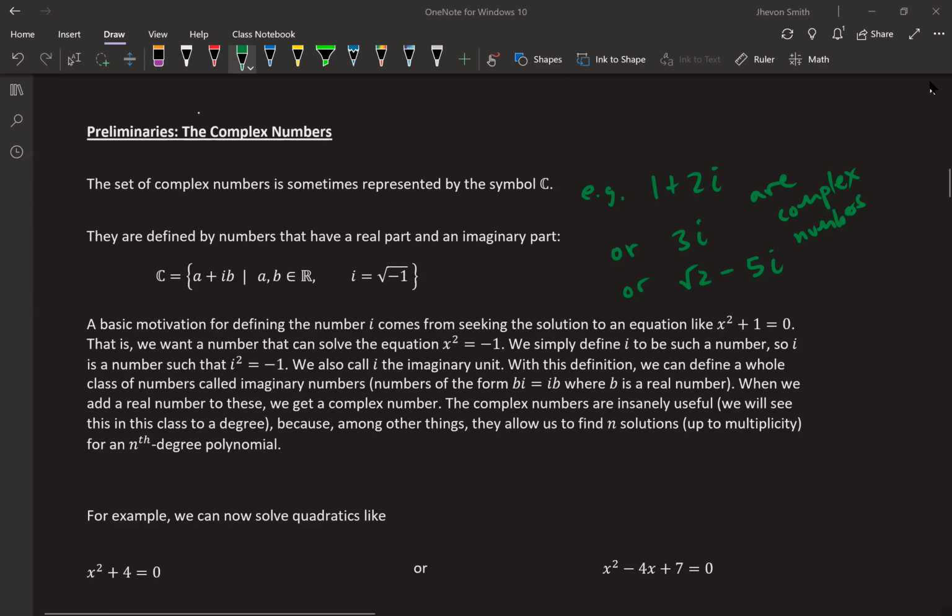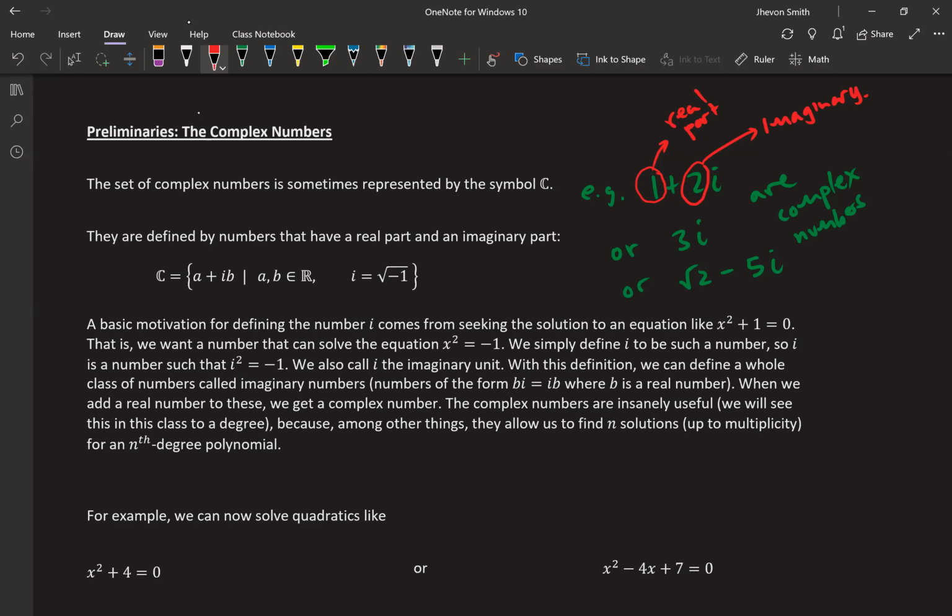So they have this part here, the real number that's standing by itself, that's called the real part. And this part here, the guy that's attached to the i, is called the imaginary part. It's called the imaginary part because the number i is called the imaginary unit. The imaginary unit is defined by i equals the square root of -1.